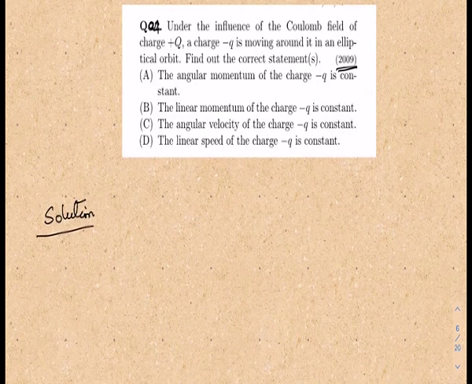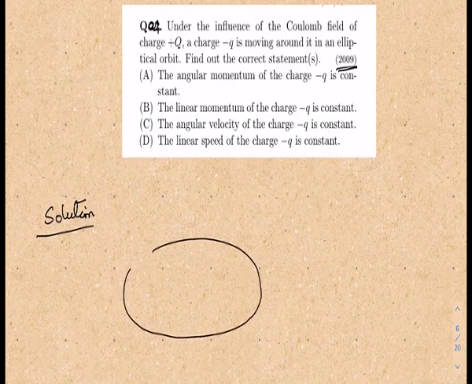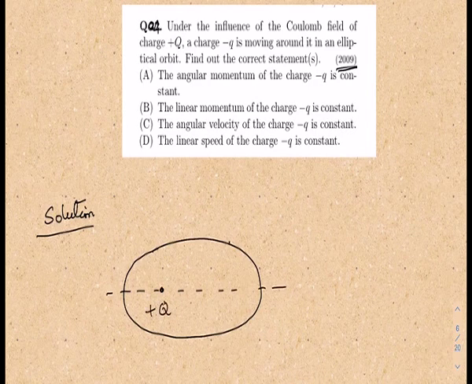So the small charge minus q is moving in an elliptical orbit, and this charge plus Q is sitting in one of the foci of the ellipse. So plus Q, and this charge is say minus q. It's moving around in the elliptical orbit.